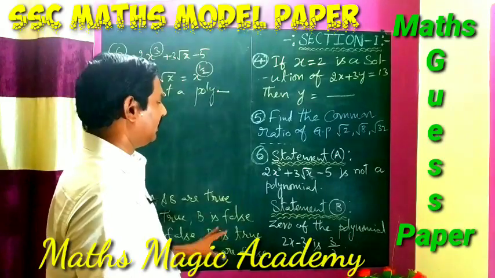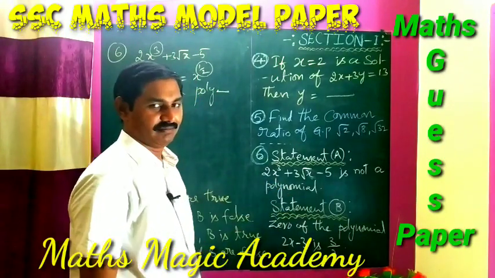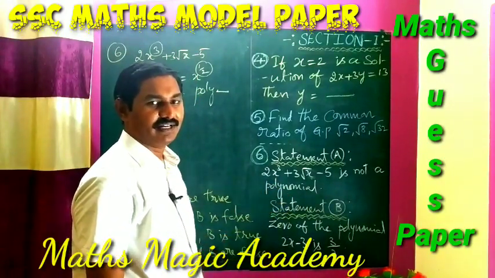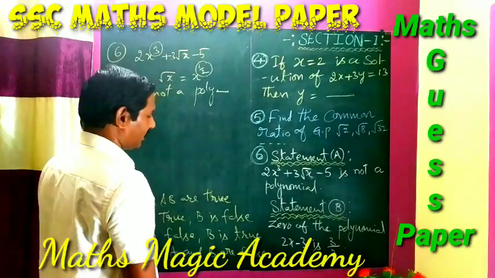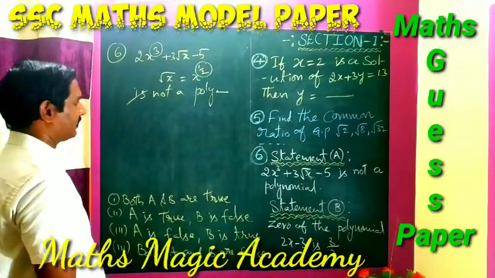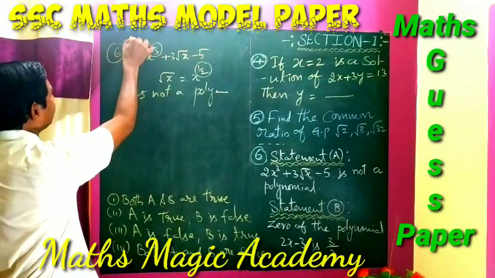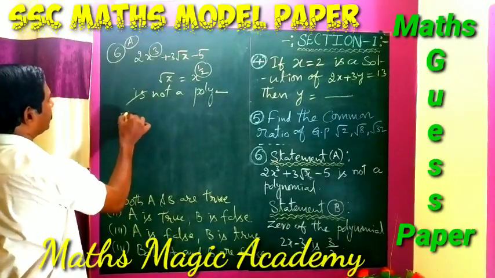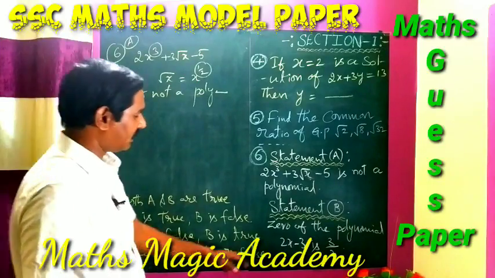Then we can say it is a polynomial, or otherwise it is not a polynomial. Now statement B, what is it going to say?